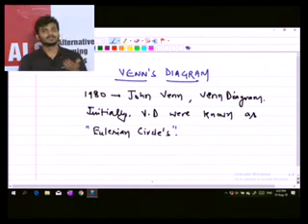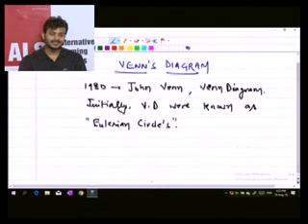Finally that came into the picture, and everybody in the world started knowing this kind of representation, which was given the name Venn diagram. Anyway, that is not of our use, but still I'm just telling you.